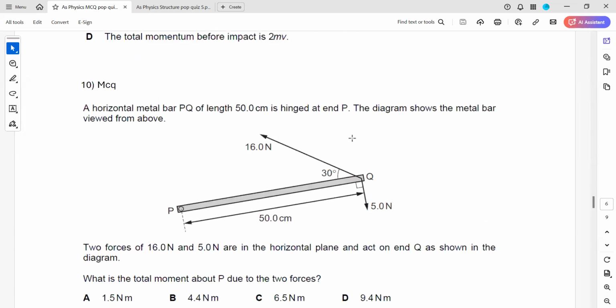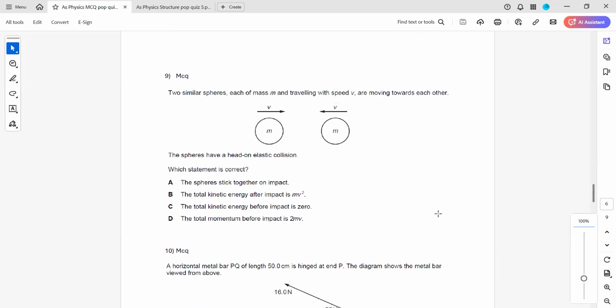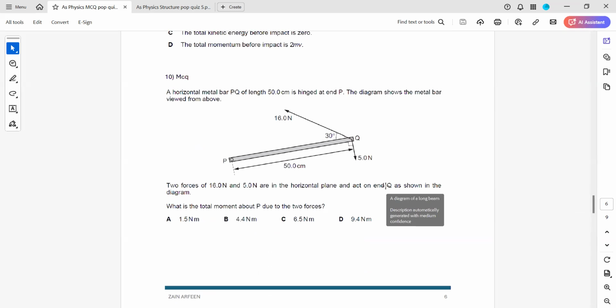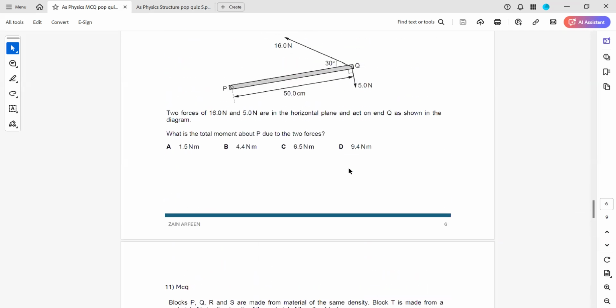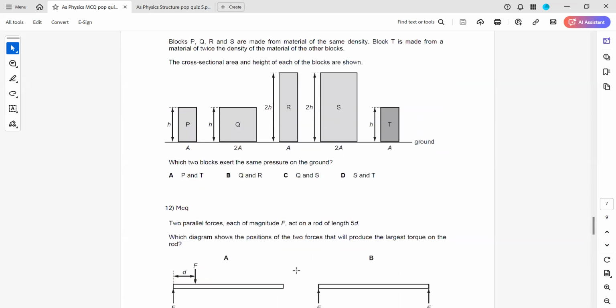Question 9, 10, any doubt? Question 9 and 10.